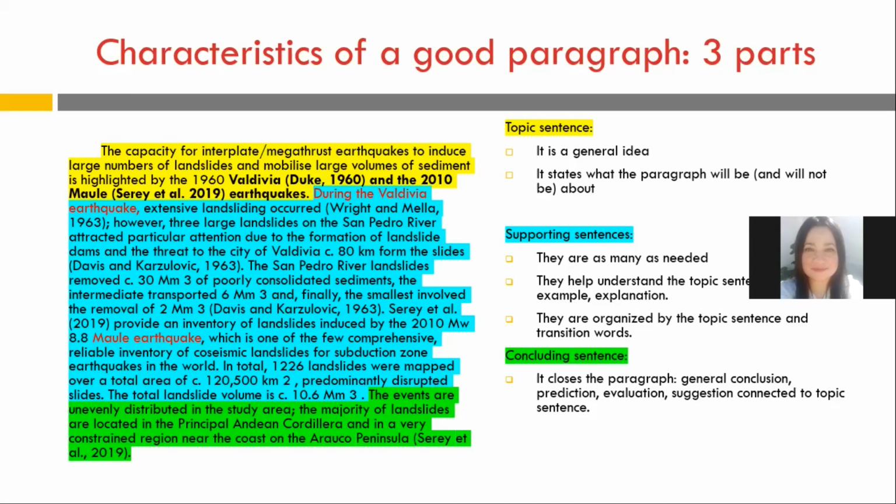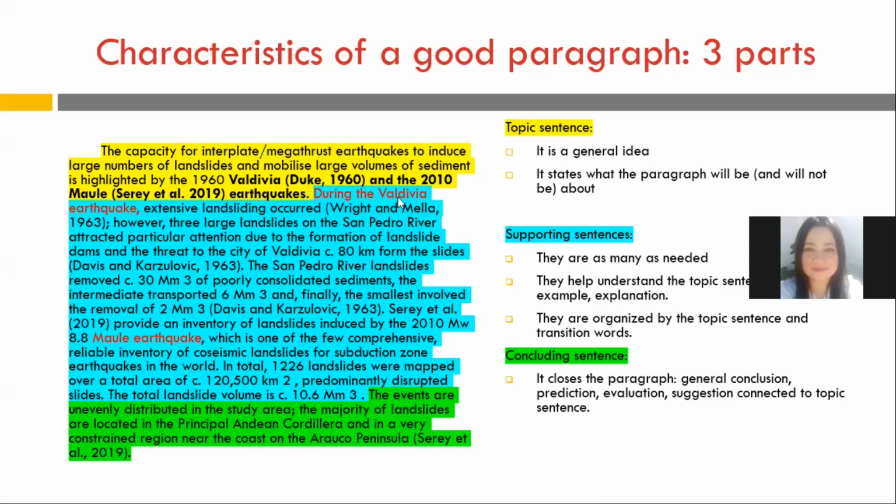Look, first, she's going to talk about the Valdivia earthquake, what happened, and how that reflects the mobilization of sediment and so on and so forth. And she goes into detail with that information, and then moves by the middle end part to talk about the Maule earthquake, which is the second example.